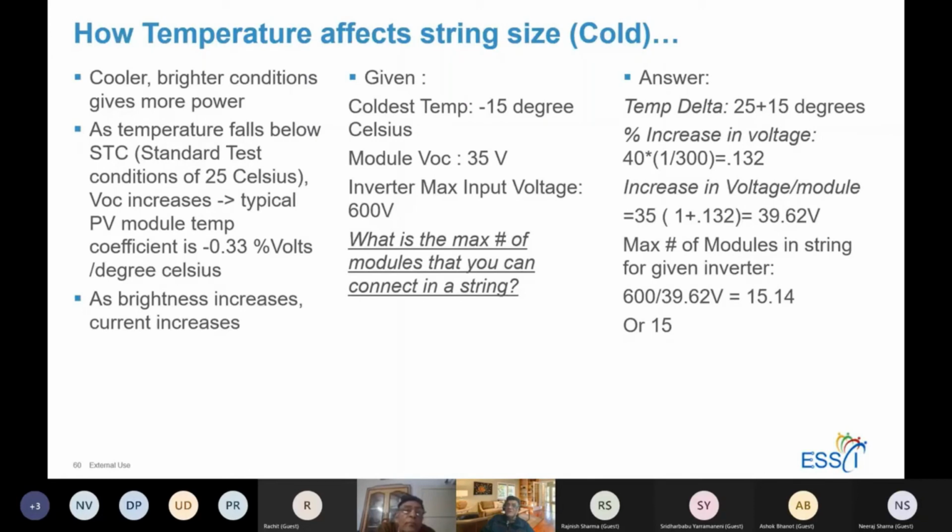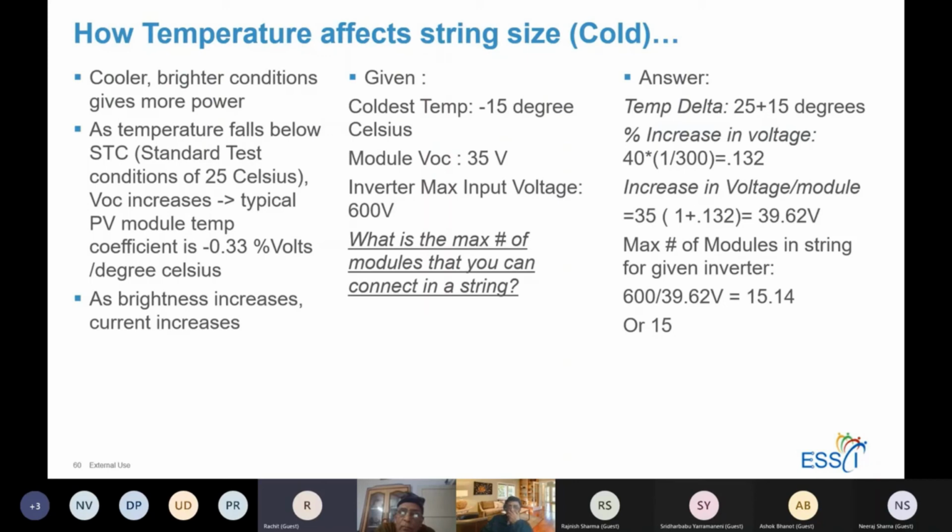Okay. And question to Rachid, do you factor this in your design software? Yes, sir, we do. What temperature range? Sir, you have to mention the temperature range. What we do is we take the weather data set in accordance.